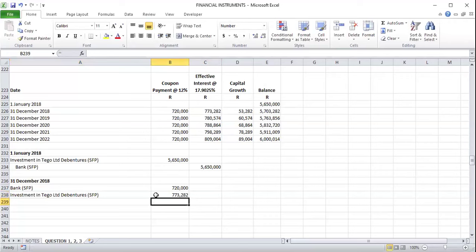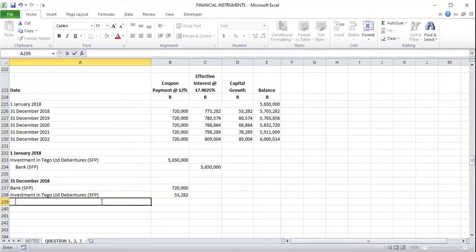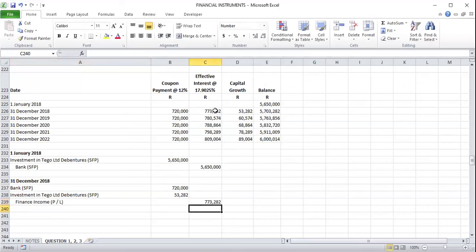Sorry, the capital growth is not this, it is the 53. Then we credit finance income. It is this one. For every 31 December 2018, they will be doing that.